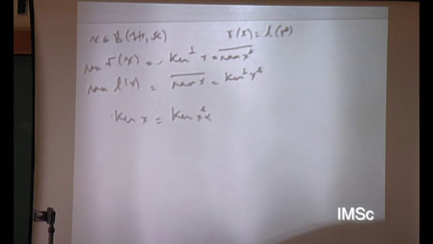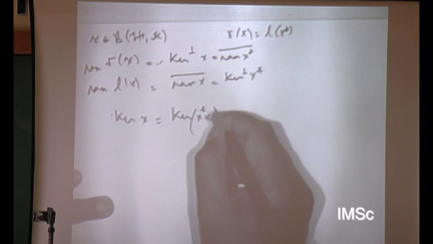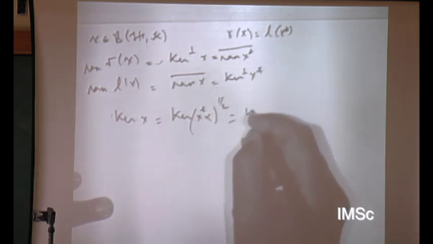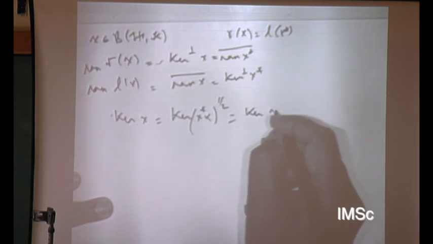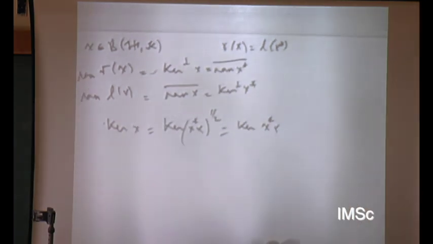But then you can take the square root of that x star x and push it over to the other side. And so you can see that actually kernel x is kernel of x star x power half, and that is the same as kernel of x star x. In general, for any positive operator A, the kernel of A and the kernel of A power half or A squared are the same. Okay.